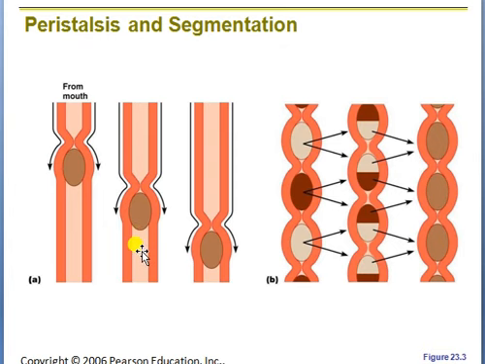This is peristalsis. Then segmentation mainly happens in the intestine. Suppose this is one food material, gray in color. This food material is segmented. Then it reaches one more segment, and then they mix.